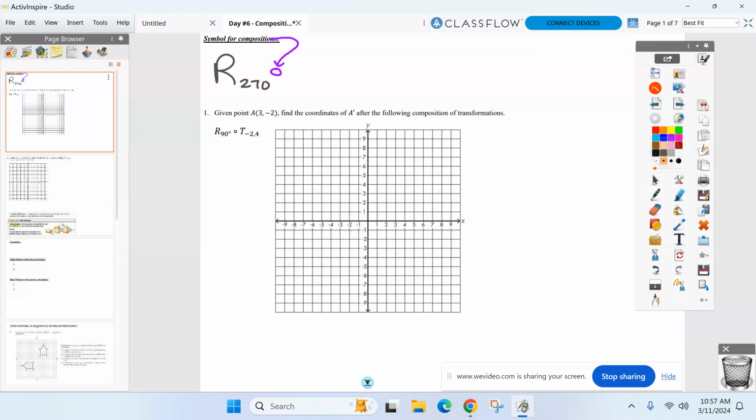And then I'll put right next to it my lowercase r, which we know stands for reflections, and I'll just put y. We're not actually going to do this, I just want to give you a little taste of what a composition looks like. And then right next to it, in parentheses, is going to be the figure we're going to perform this composition on. So I'm just going to put triangle ABC, our classic one.